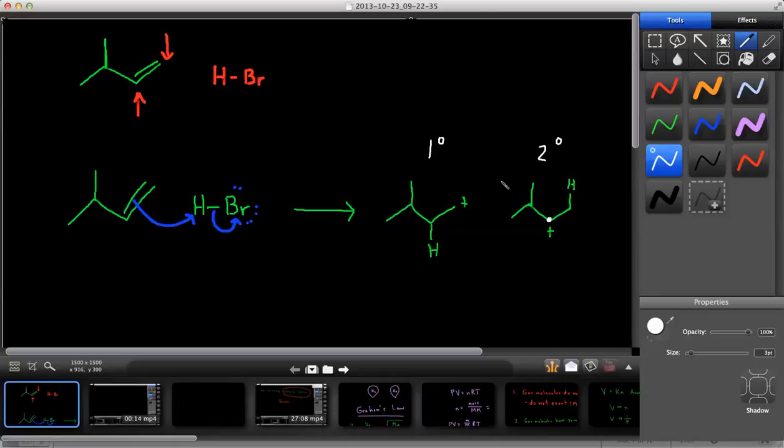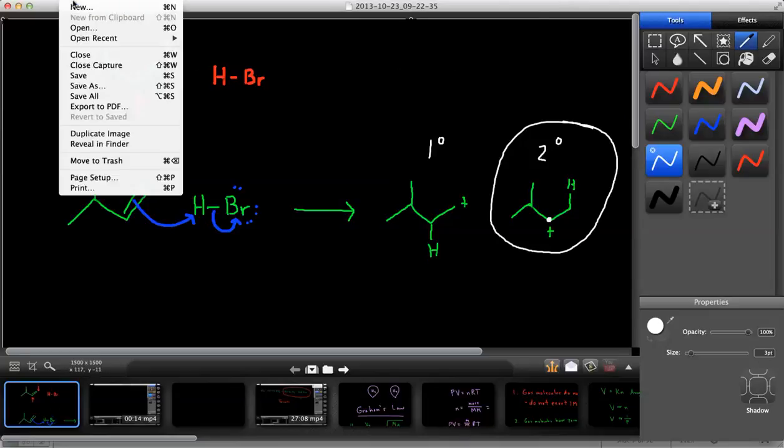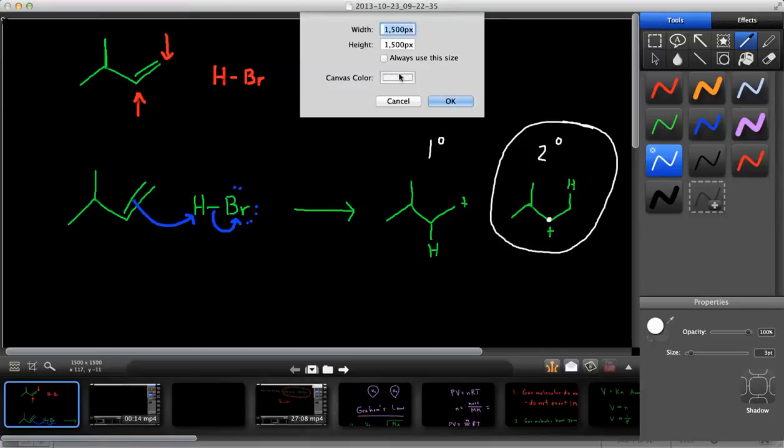Again, we call that hyperconjugation. And the secondary carbocation will be the preferentially formed carbocation. You can look at the potential free energy diagram and do a quick analysis of activation energies to validate this result.